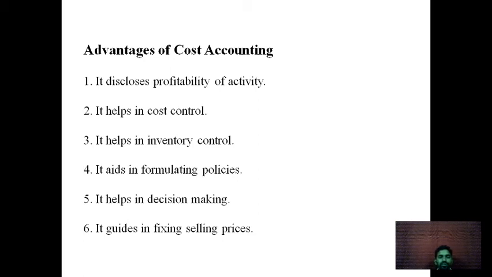These are the advantages of cost accounting. It discloses profitability of activity. Second, it helps in cost control. Next, it helps in inventory control. It aids in formulating policies. Next, it helps in decision making. And the last one is that it guides in fixing selling price. The first one, it discloses profitability of activity.